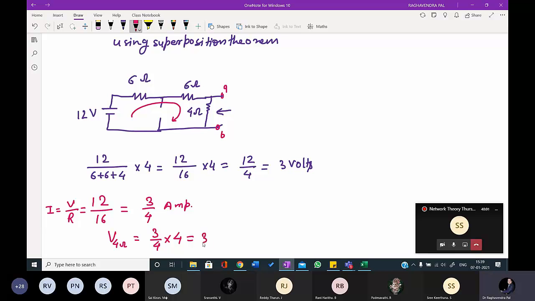So it is 3 volts. Correct? So this is one thing.